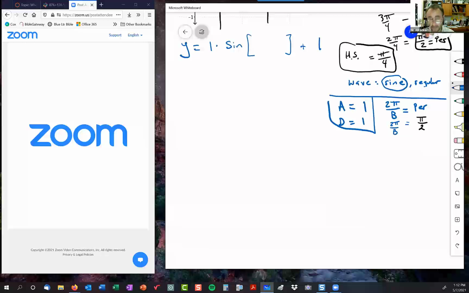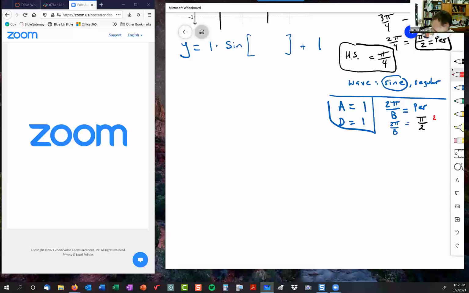So now we have to get B by itself. And there are lots of ways to do the algebra here. Some of you know about proportions. You can only do that kind of proportional cross multiply if you have a proportion. But generally, when we have fractions, we will multiply by the common denominator.